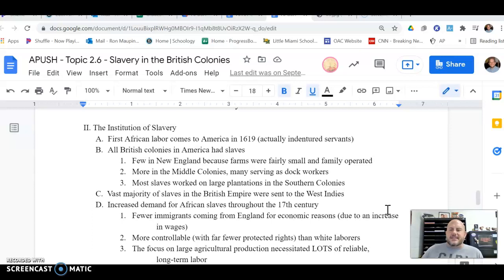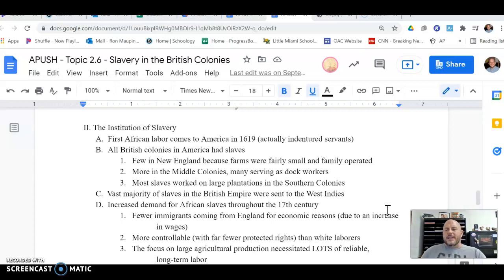But understand that 1619 serves as a very pivotal moment in our history, because now we're going to be factoring in race in terms of being white versus black in playing a role in terms of defining not just who is the labor class, but also the rights that go along with that.